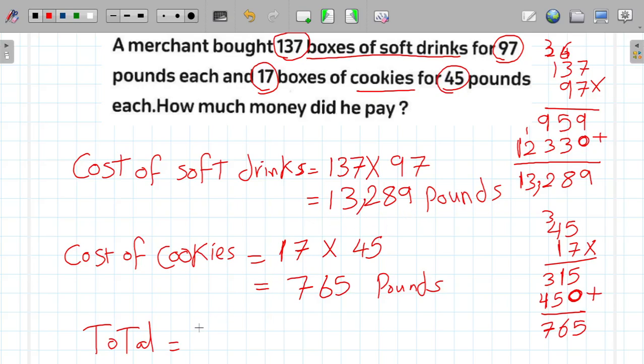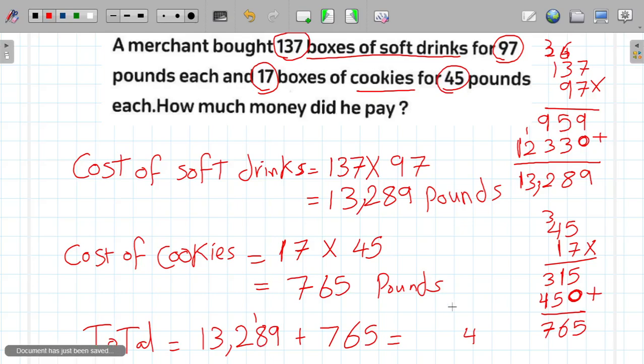the cost of soft drinks 13,289 plus 765. So I have 5 plus 9 equals 14, so I will write 4 and carry up 1. 6 plus 8 equals 14 plus 1 equals 15, so I have 5 and carry up 1. 7 plus 2 equals 9 plus 1 equals 10, so I have 0 and carry up 1.